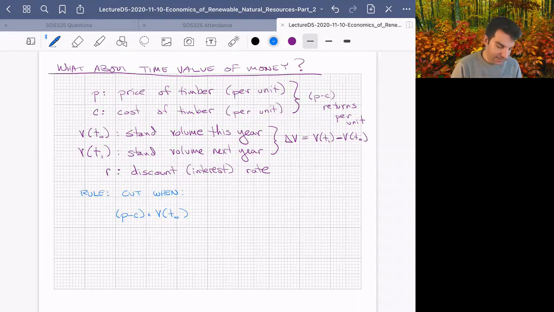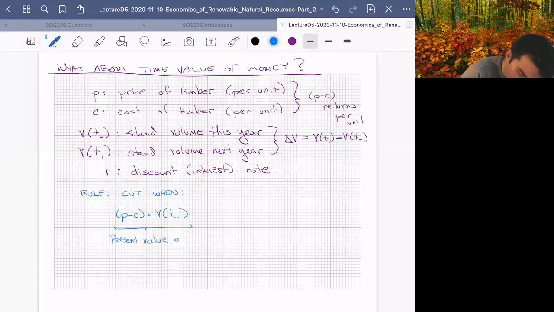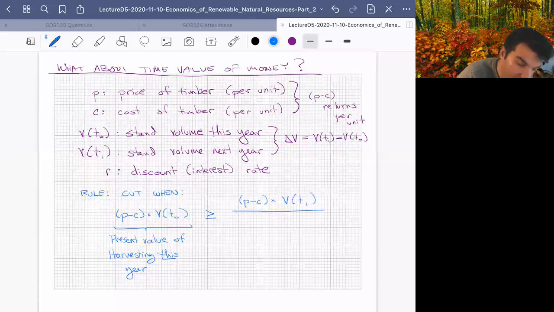So this right here, this is our present value of harvesting this year. And we are going to cut when that is greater than P minus C times V of T1 divided by our discount.